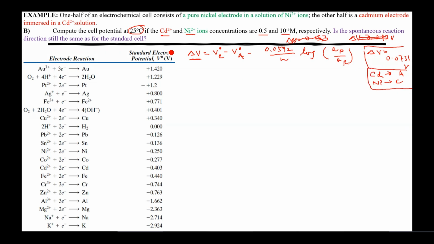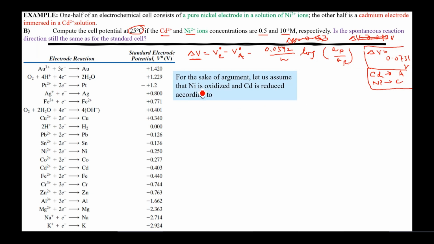Let's see. For the sake of argument, let's say that nickel is oxidized, that means it is acting as the anode, and cadmium is reduced, that means it's acting as the cathode. This is the assumption that I have taken. Based on this, I have developed this equation: cadmium is getting reduced and nickel is giving away electrons, so it is getting oxidized.